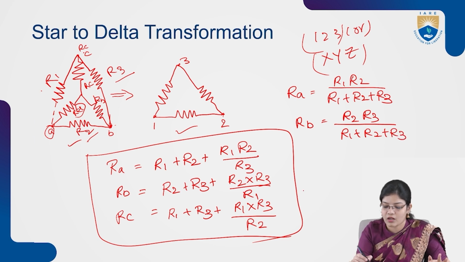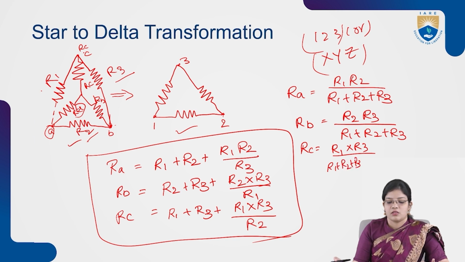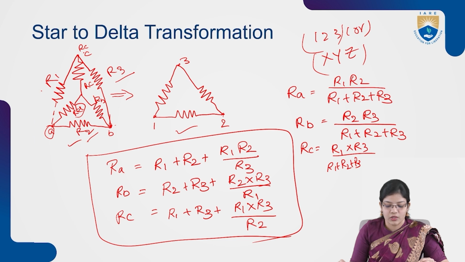In the same way, RC can also be written as R1 into R3 by R1 plus R2 plus R3. So by using these formulas, we are going to convert the network from star to delta. These formulas we'll be using to calculate in the problems.